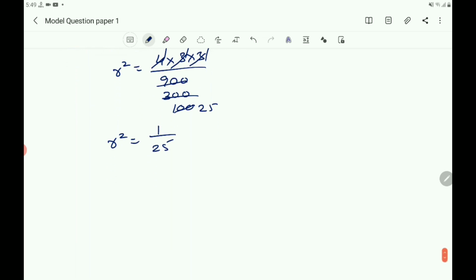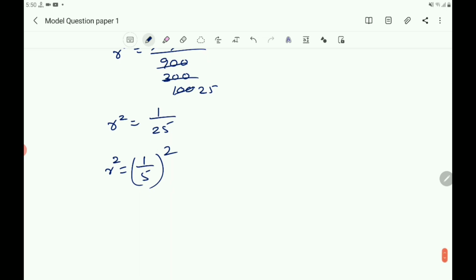Then you know that r is equals to square root of, or otherwise this is 1 by 5 whole square. R square equals 1 by 25 means 1 by 5 whole square. Why you have to write this as a square of 1 by 5? Because here it is square. Then you write r equals 1 by 5.